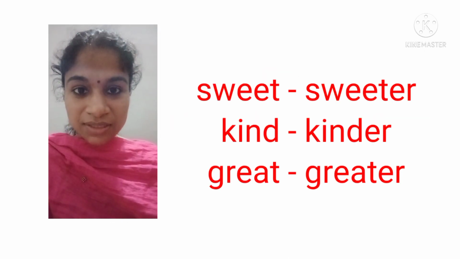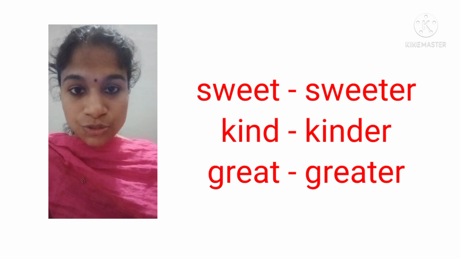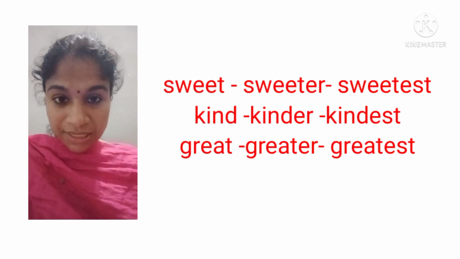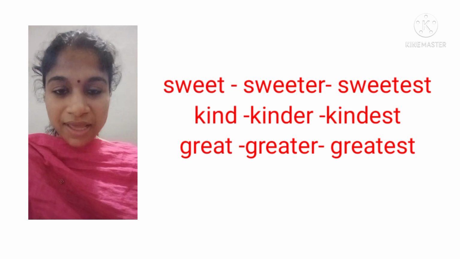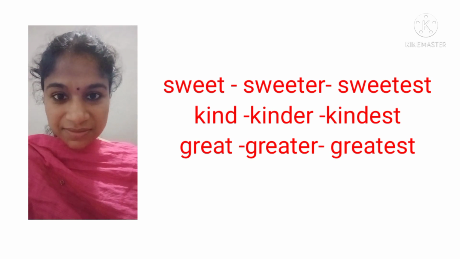We can form the comparative degree by adding er to the positive degree. For example, sweet, sweeter, kind, kinder, great, greater. We can form the superlative degree of an adjective by adding est to the positive degree. For example, kind, kinder, kindest.